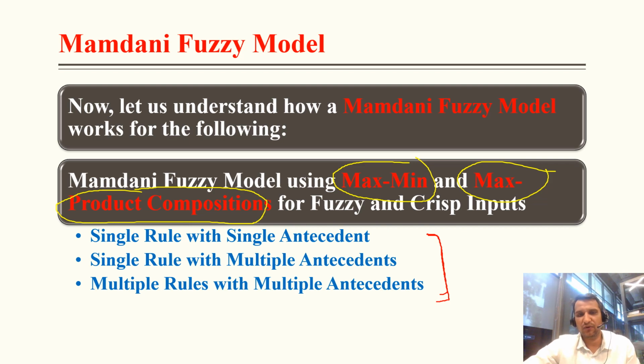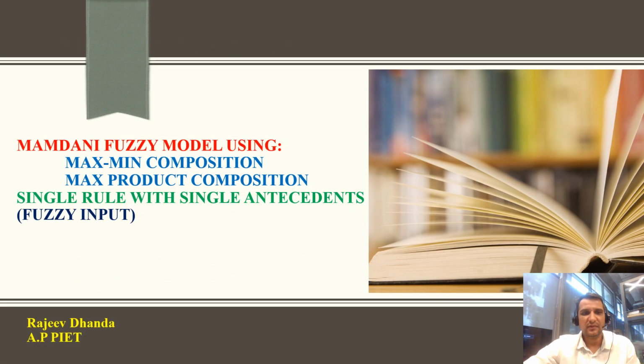So I will go with both of these two compositions: max mean composition and max product composition, and single rule with single antecedent. Input can be fuzzy or input can be crisp. So first I will go with fuzzy input, after that with the crisp input.